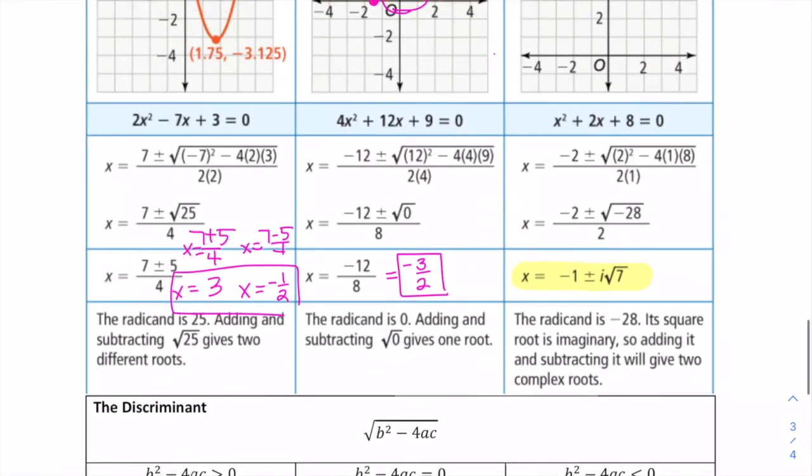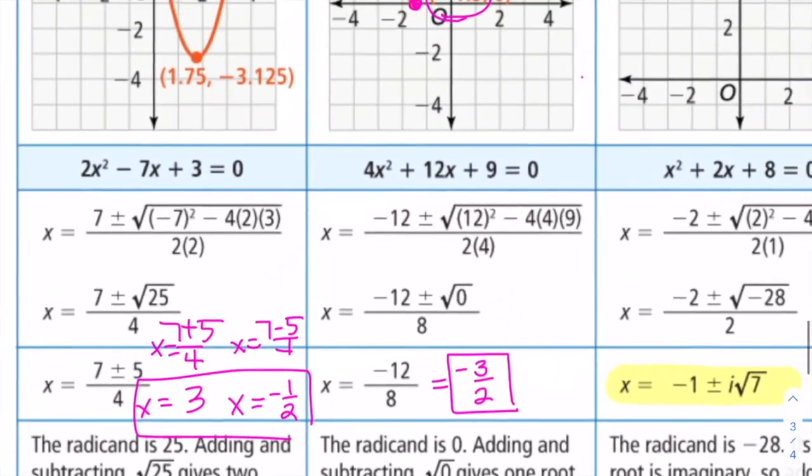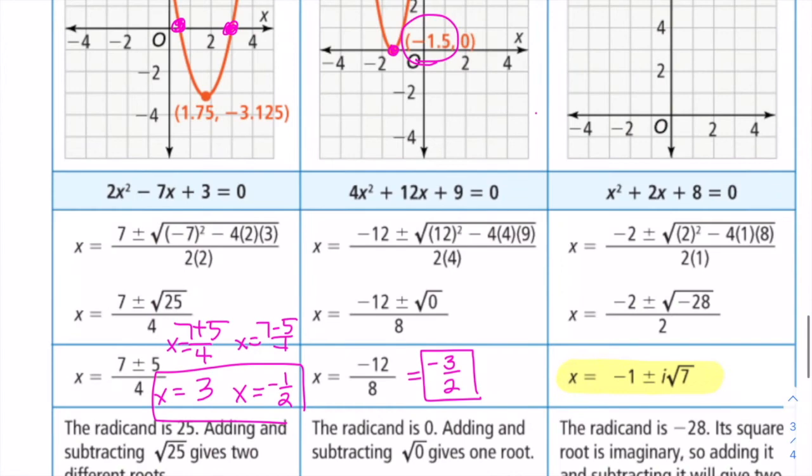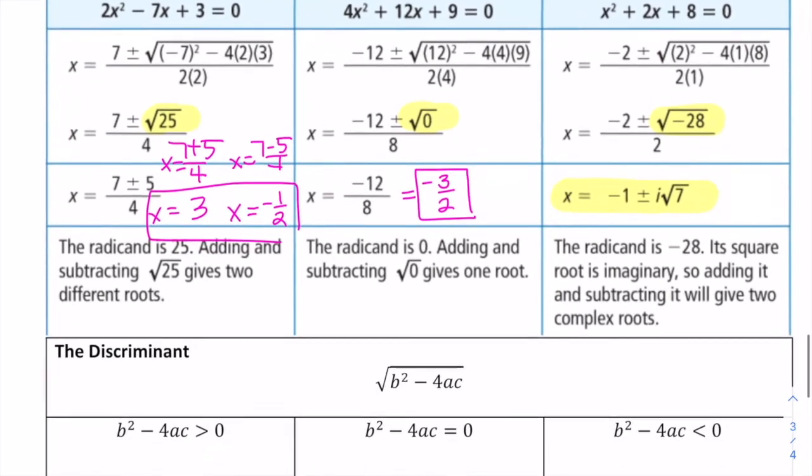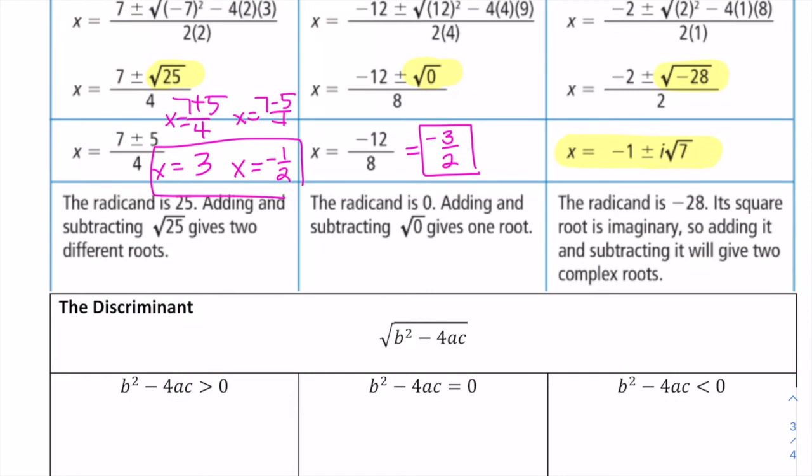So when we look at that square root, looking at these numbers here, the square root, also called the discriminant, tells us what kind of answer we're going to get. If it's a positive number, we're going to get 2 real distinct roots.